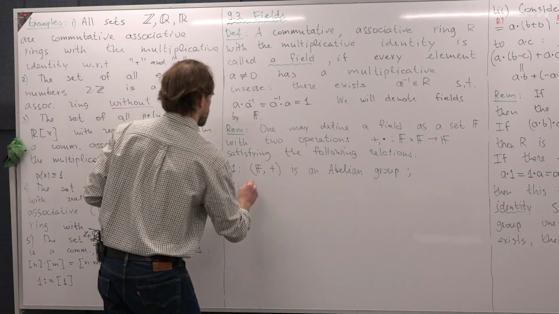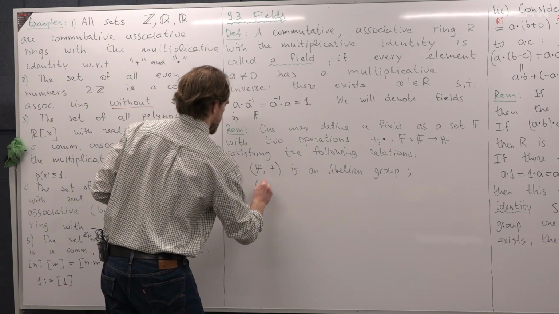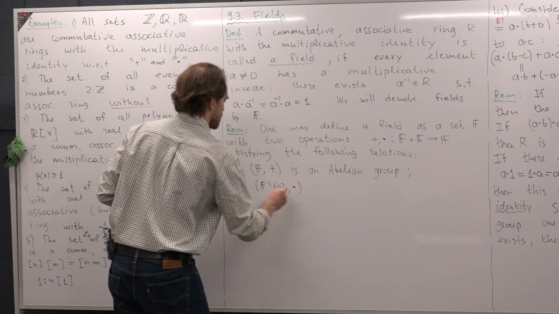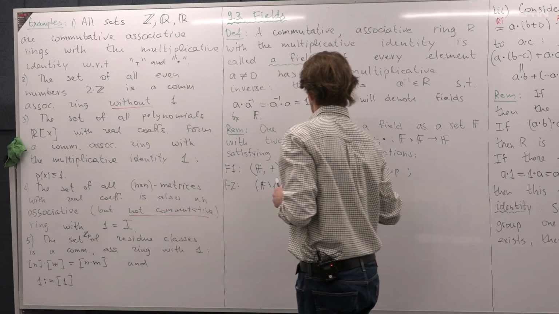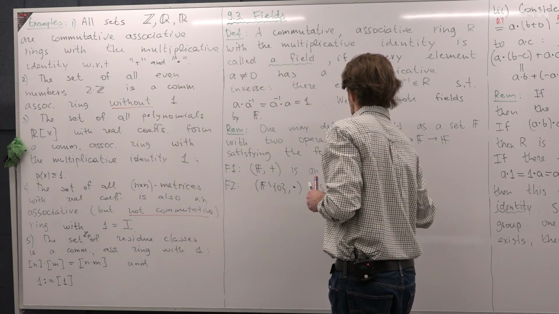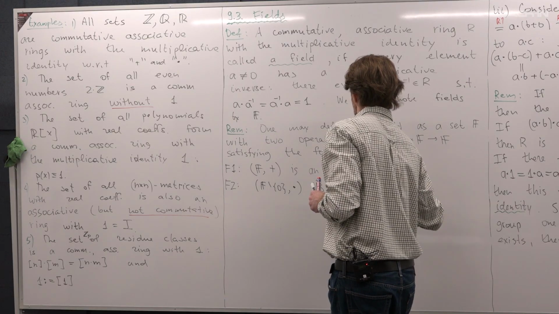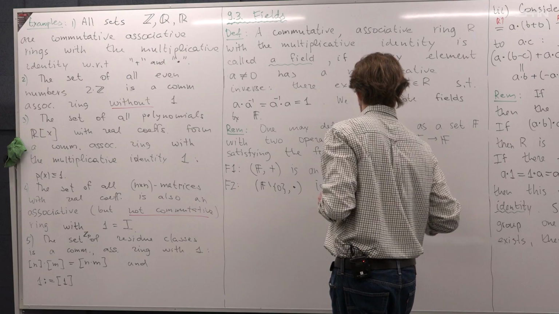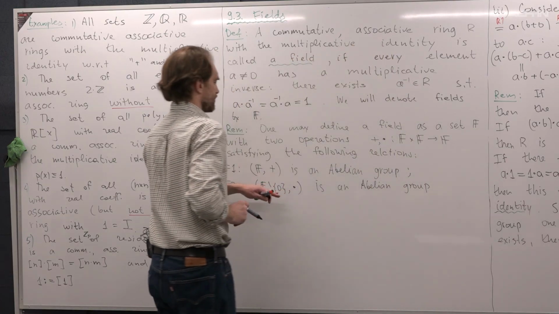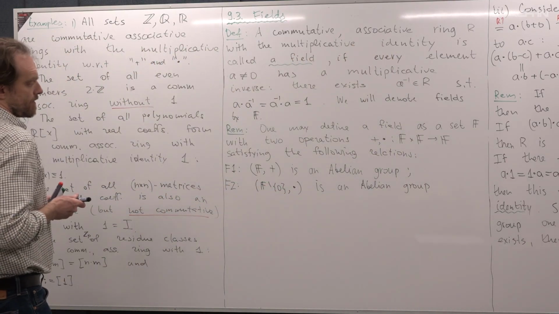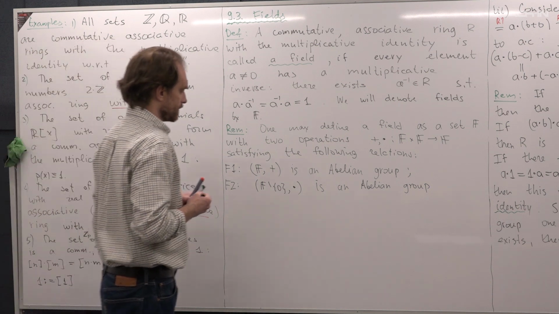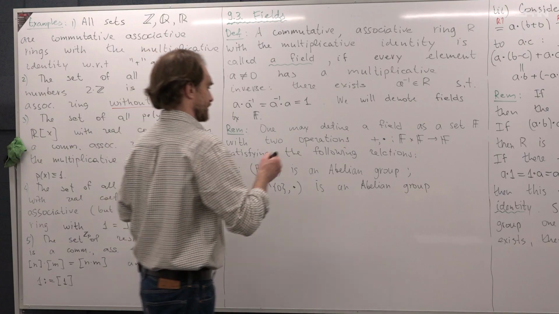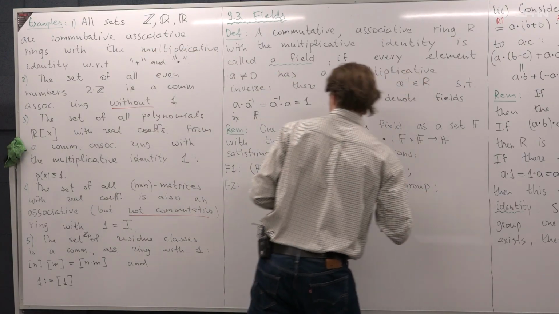The second property is that F without the additive identity is an abelian group with respect to the second operation.